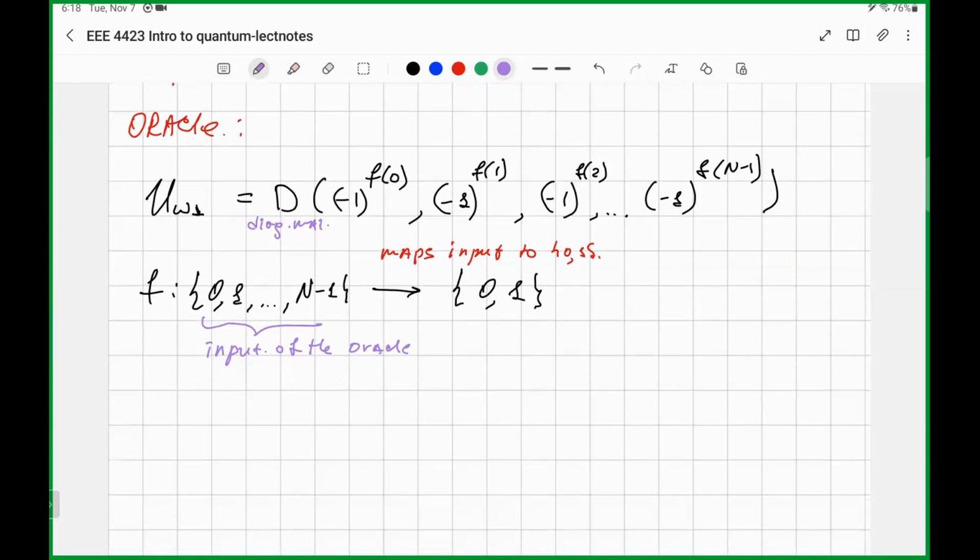If it returns 0, then we've got these elements in this matrix minus 1 to the power of 0, which is 1. The same way for all the elements except for the elements when this function returns 1, which gives us minus 1 to the power of 1, which is minus 1.